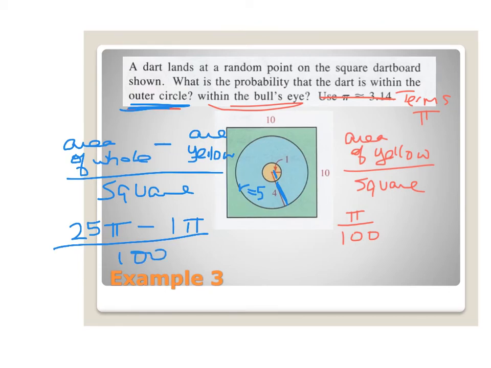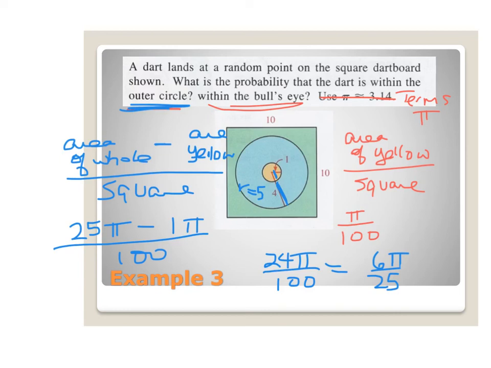I'm going to subtract 25 minus 1 and get 24 pi over 100. I can divide them both by 4 and get 6 pi over 25. These would be units squared, or just no units. We'll just leave it, it's a probability. So 6 pi over 25, and that is the geometric probability.